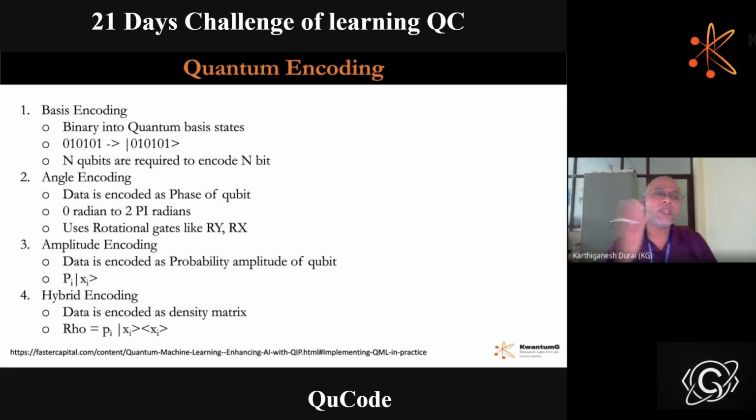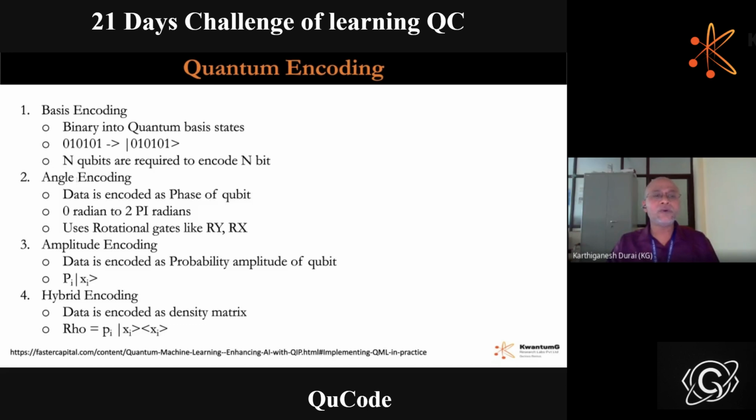So one thing we can do, we can encode your binary data into a corresponding vector, meaning that if there are 8 bits in your classical information, you need an 8 element vector. So each element is 1 qubit. So if you have 10 bits of information, you need 10 qubits. That is what basis encoding is.